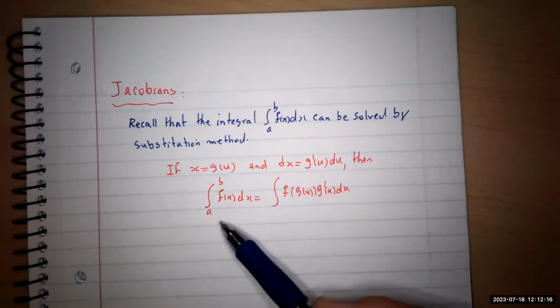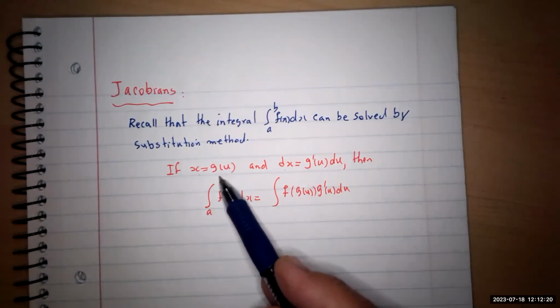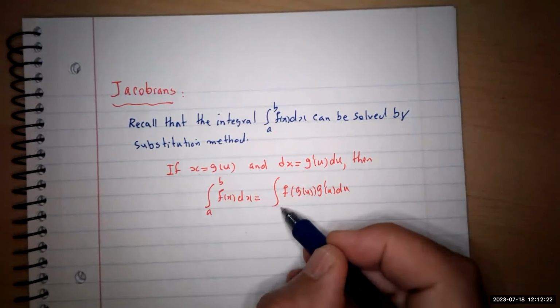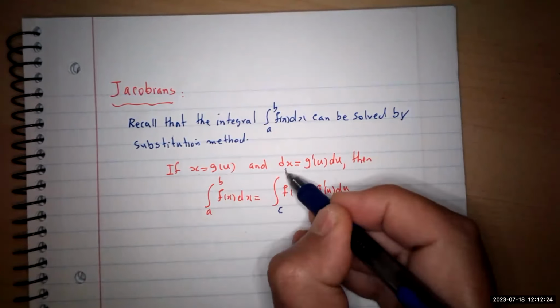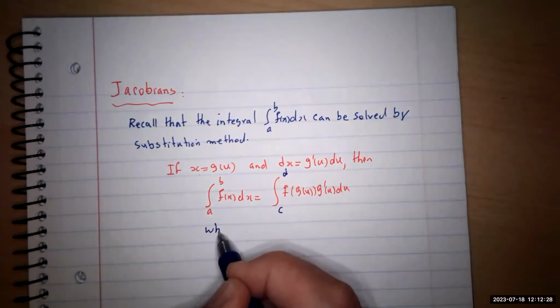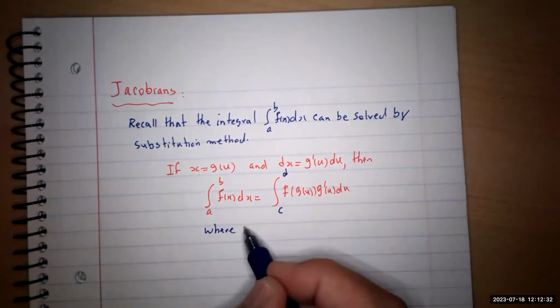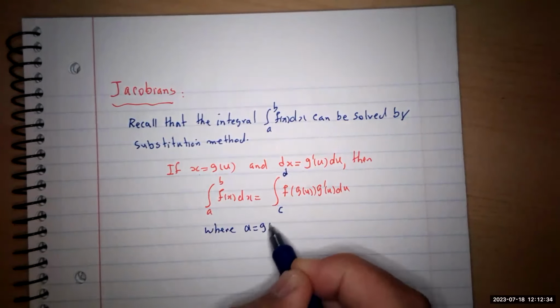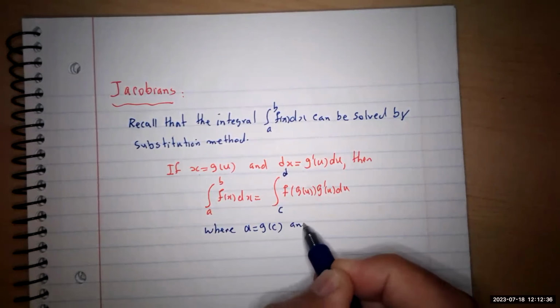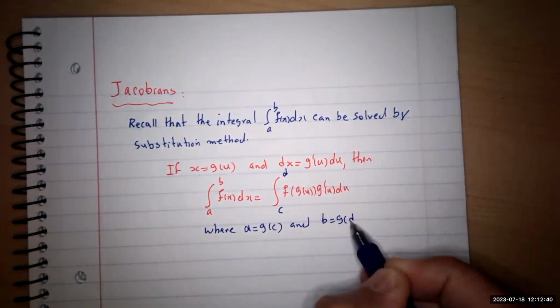So a is going to be g of something. Okay, we call it c, d, where a is going to be equal to g of c, and b is equal to g of d.